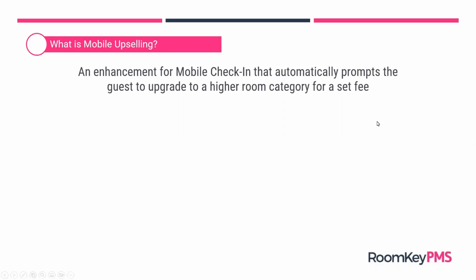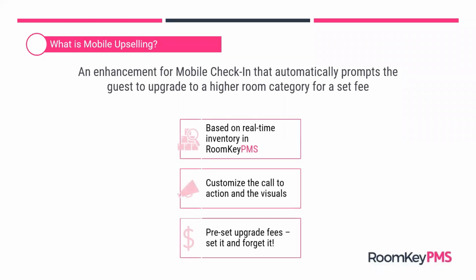So like I said, you will need to have mobile check-in in order to use mobile upselling. A couple other features of this new enhancement for mobile check-in is that your upgrade availability is going to be based on your real-time inventory in RoomKey. So that means you don't have to manage any separate inventory to offer these upgrades.